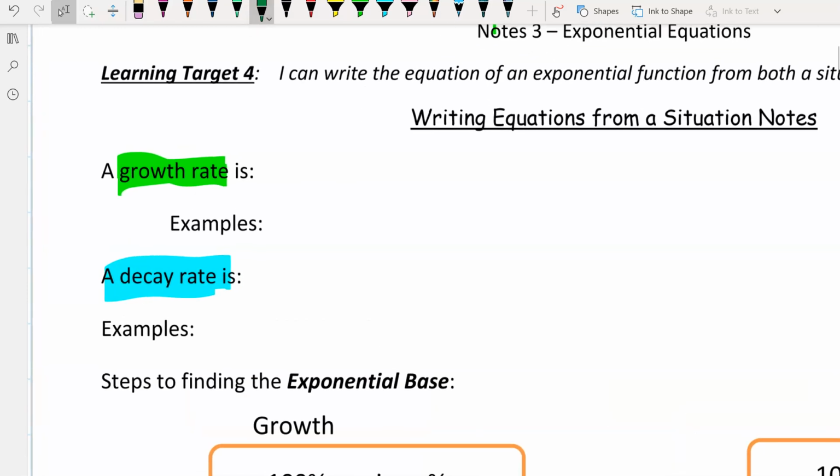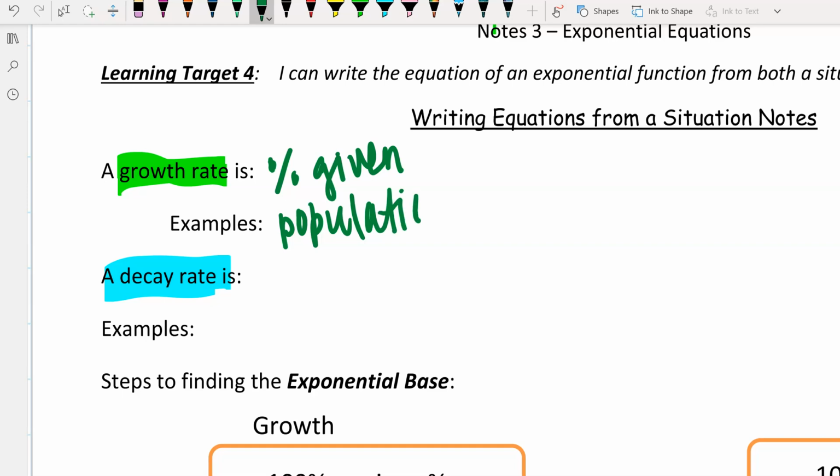So growth rate is usually some percent given, which indicates growth. So like it's a percent given when you have like population that increases.